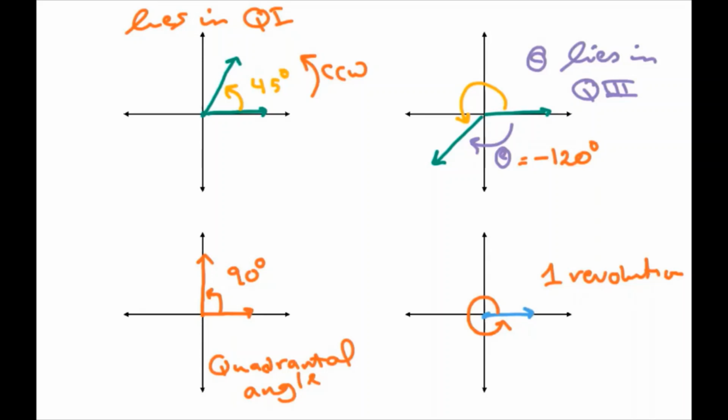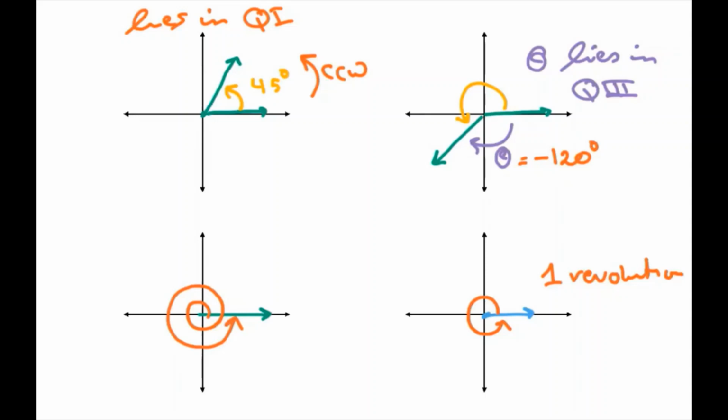So 360 times 2, and that's going to be 720. If I'm asking you to draw a 720 degree angle, it's going to be for sure a quadrantal angle. I'm doing this: this is one revolution and the second one. So that's again a quadrantal angle.